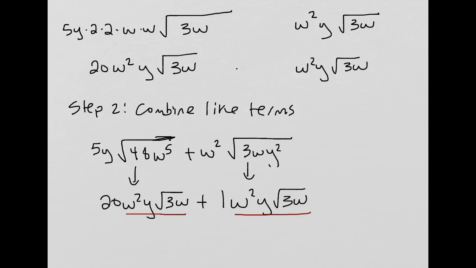So I can combine these two terms together. So 20 plus 1 is 21. 21 what? Well, 21 of whatever my unit was. So my common unit was w squared y times the square root of 3w. And that's my final answer.